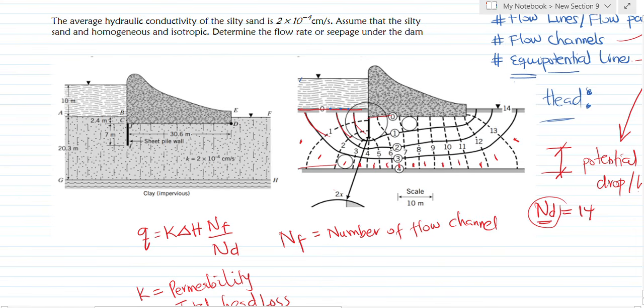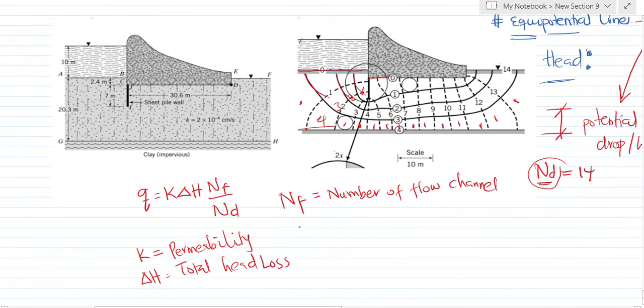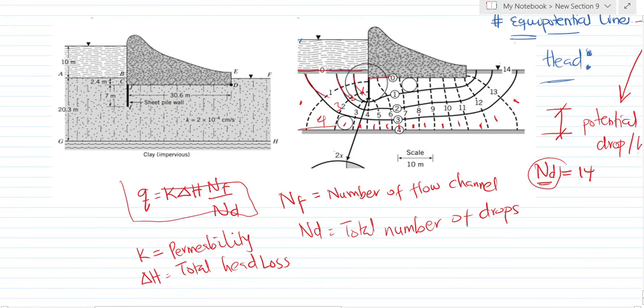If you want to count the number of channels, it is the space between adjacent flow lines. So this is flow line 1, flow line 2, flow line 3, flow line 4. You get it? And ND is the total number of drops. And that is how we find the discharge under a dam.